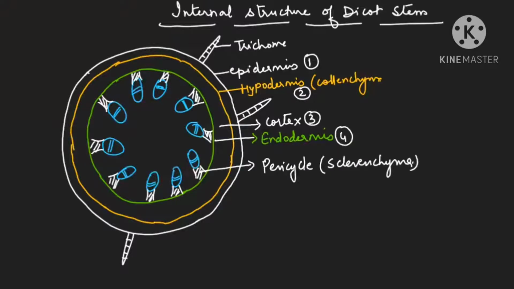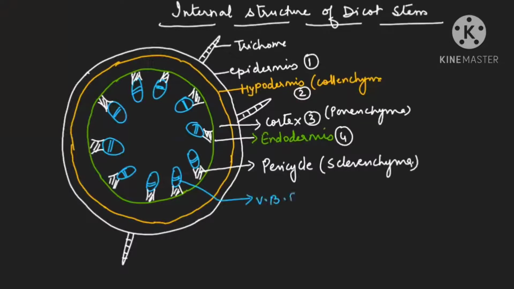You know very well that simple permanent tissues are of 3 types: parenchyma, collenchyma and sclerenchyma. Cortex is parenchymatous in nature. Hypodermis is collenchymatous in nature. Pericycle is sclerenchymatous in nature. Is it clear? And complex permanent tissues are your xylem and phloem, which is your vascular bundle.